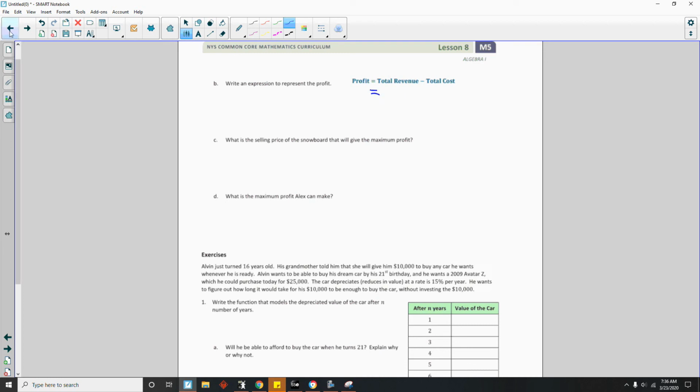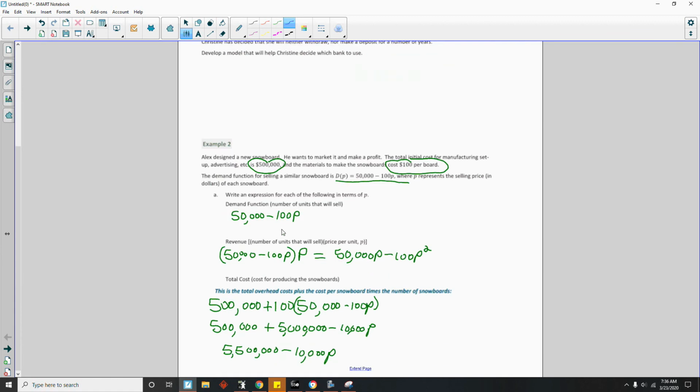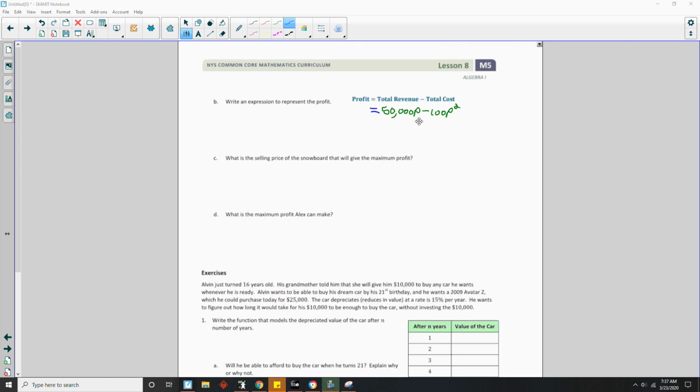and then I want my total revenue from the previous page, which is right here. So it's 50,000p minus 100p squared. Okay, so now profit is this 50,000p minus 100p squared, total revenue, and then it's going to be minus total cost.